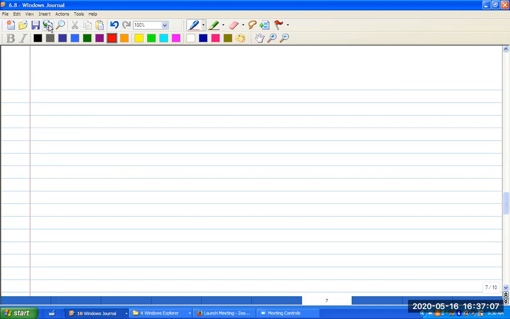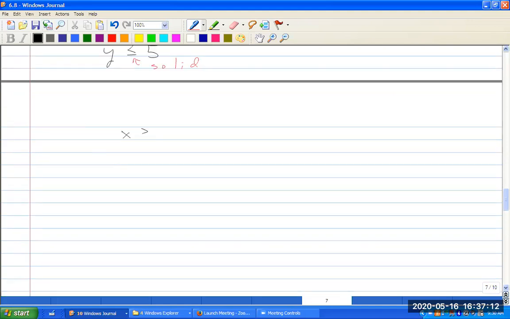I have here x greater than or equal to 0. So again, this is true to the right. And again, it'll be a solid line, solid boundary line.